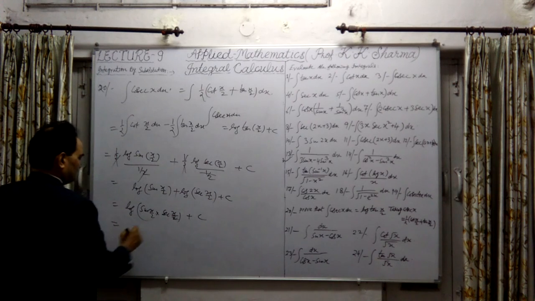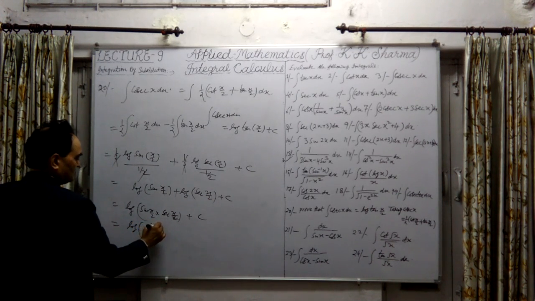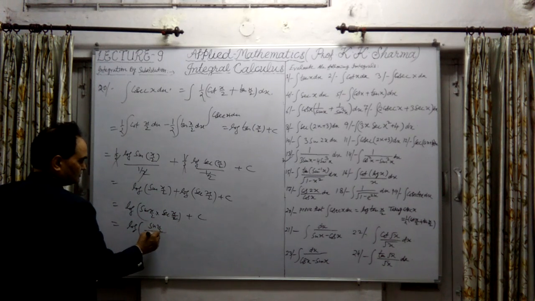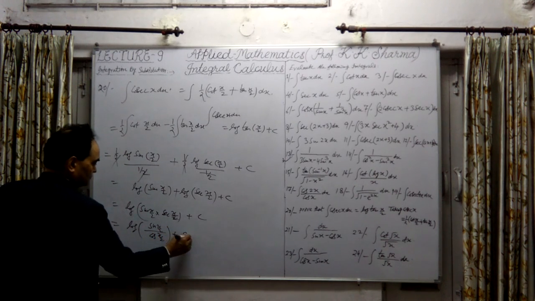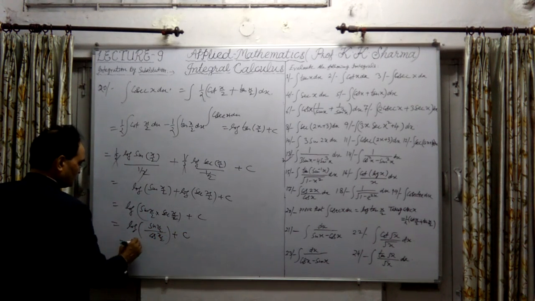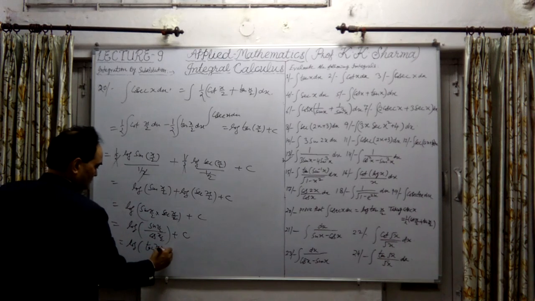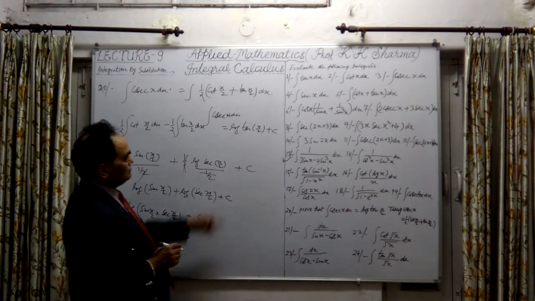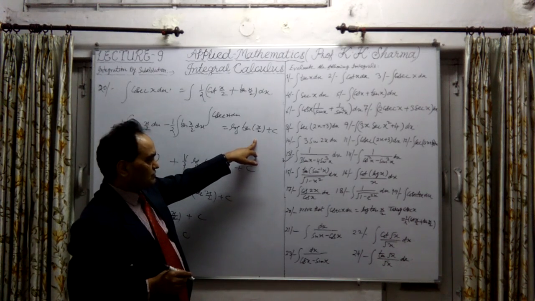This is log of sin x by 2 into 1 upon cos x by 2, plus the constant of integration. Now this is log of tan x by 2. We have reached the final answer, log tan x by 2.